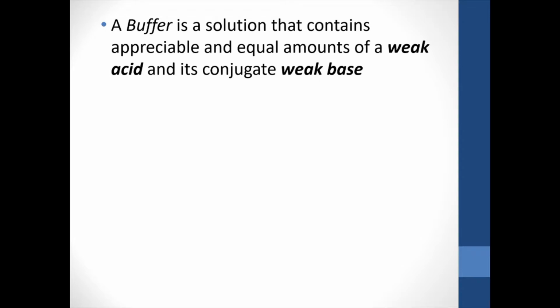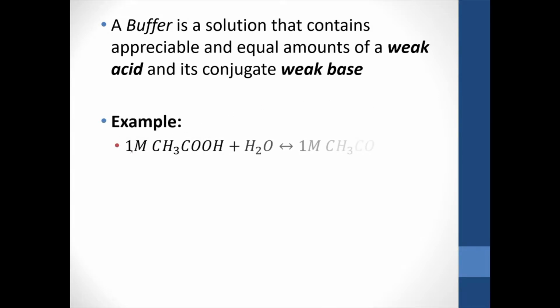So an example of a buffer solution would look something like this. You have a large amount of weak acid here, and then you have a large amount of its weak base here.